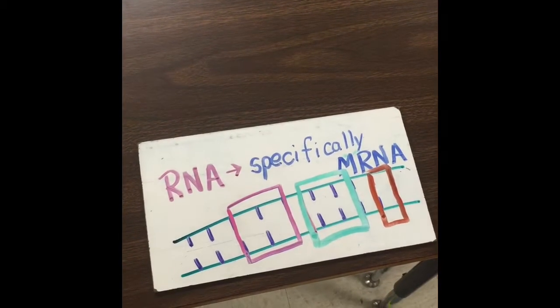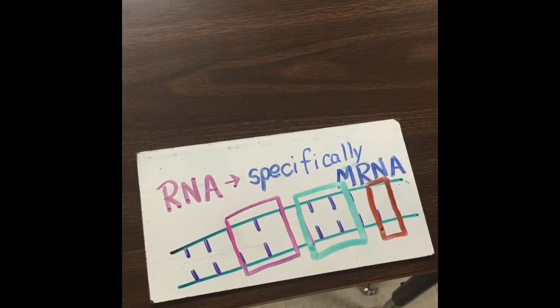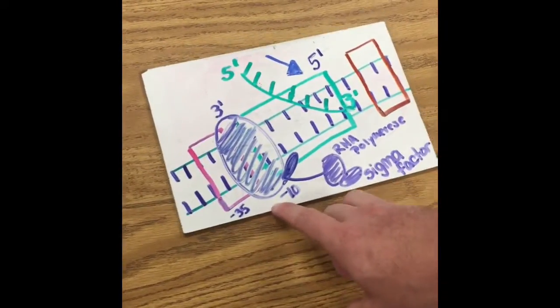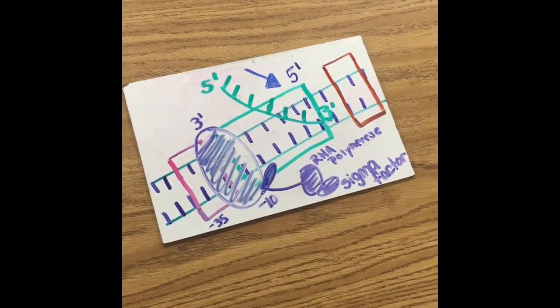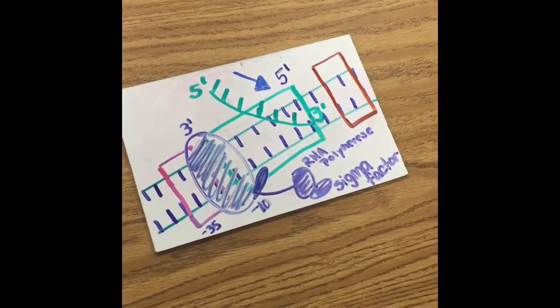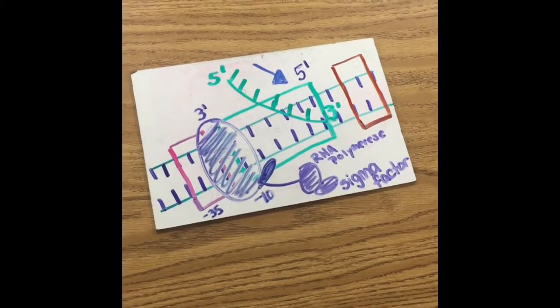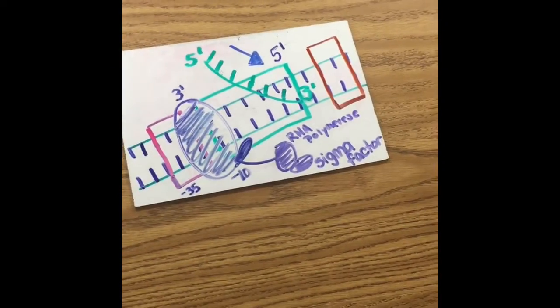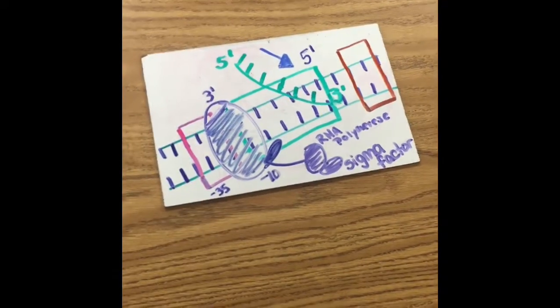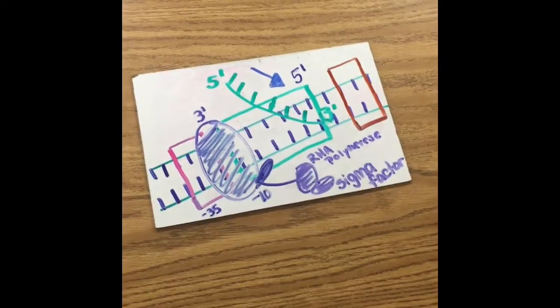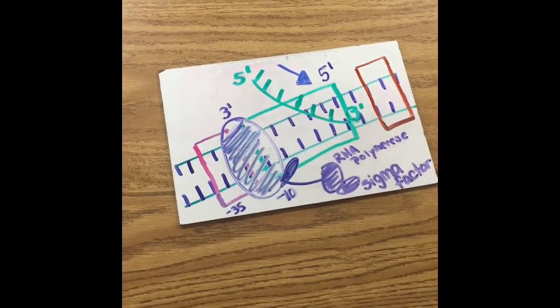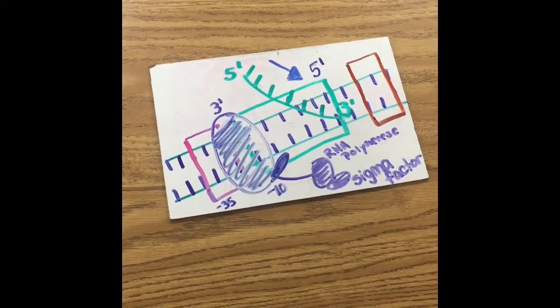In bacteria, the core enzyme and a sigma factor bind together right in here to make a holoenzyme, which will recognize the promoter region and bind to it. It forms an open complex that allows the RNA nucleotides to attach to the DNA template strand and start forming an RNA strand off the parent strand, and it goes in a 5' to 3' direction.